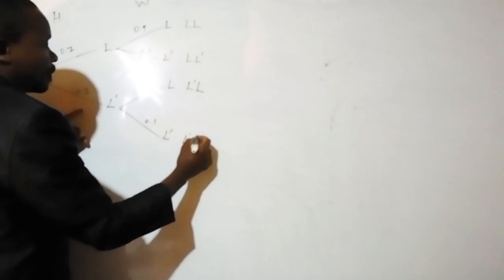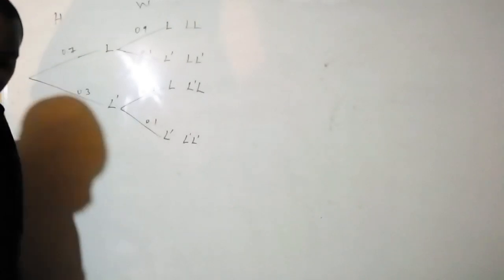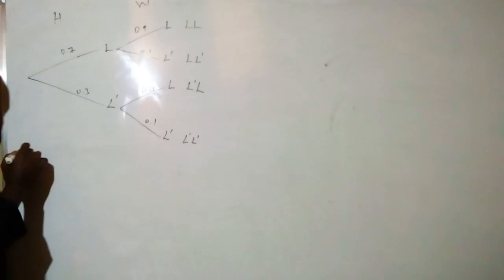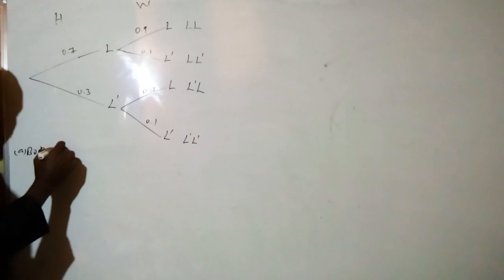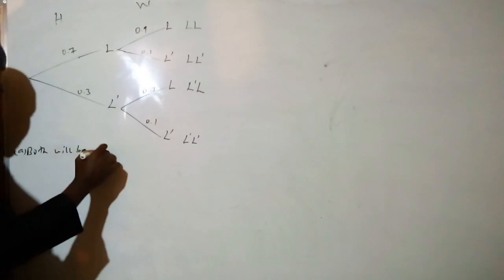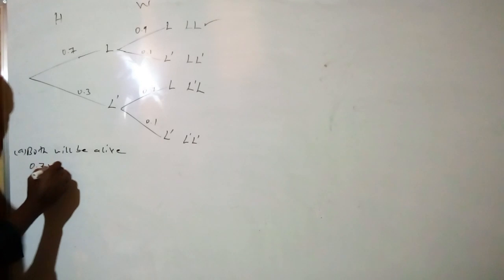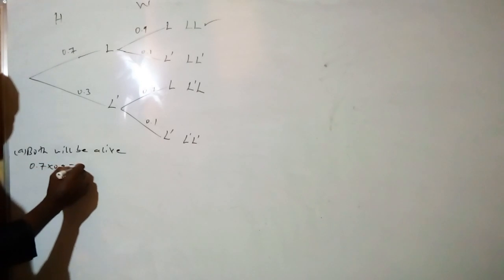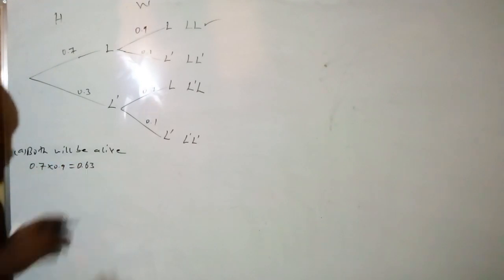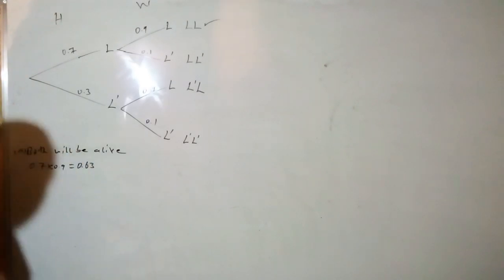Now the question is A, both will be alive. It's supposed to be this, and we are going to pick 0.7 times 0.9, and this is 0.63.